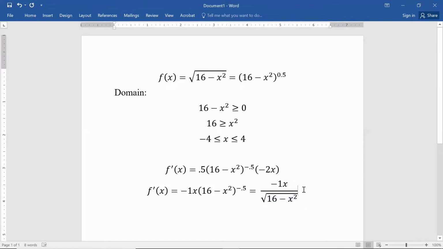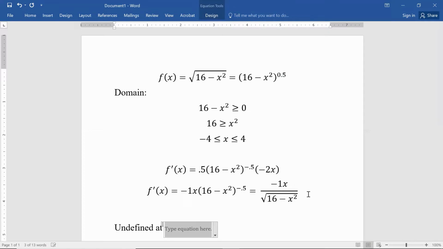So you notice that the first derivative is not defined when x is 4 or -4, because then we'd be dividing by 0. So it's undefined at x equals 4, x equals -4.